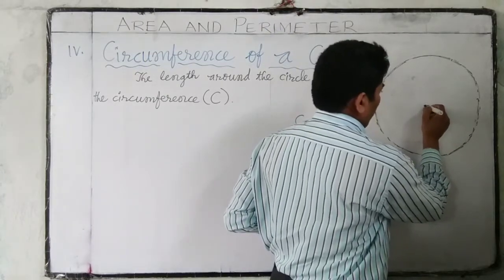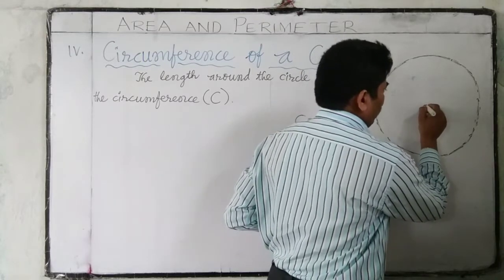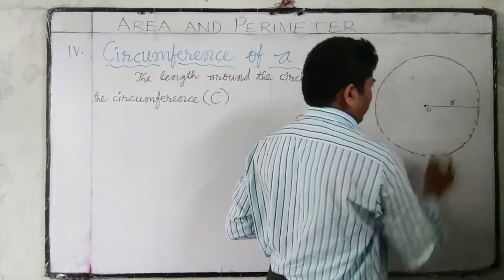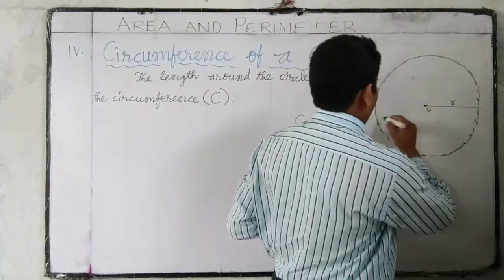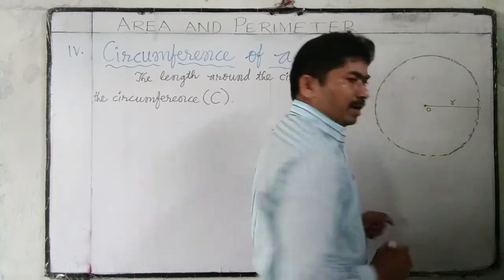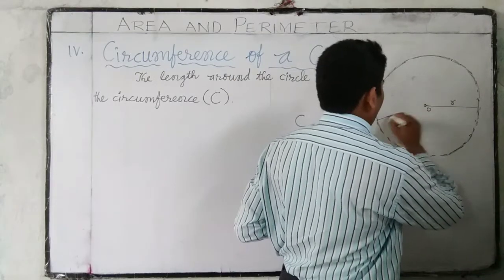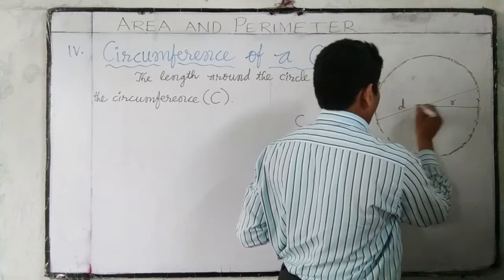Joining a center to any point on circle is called radius, we know. And the chord which goes through center is called diameter.